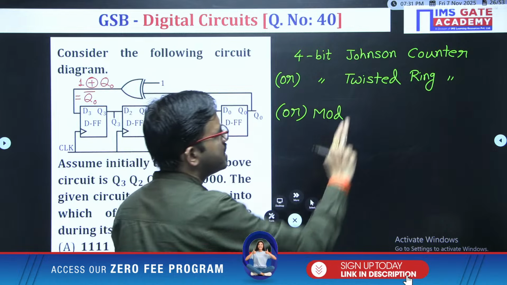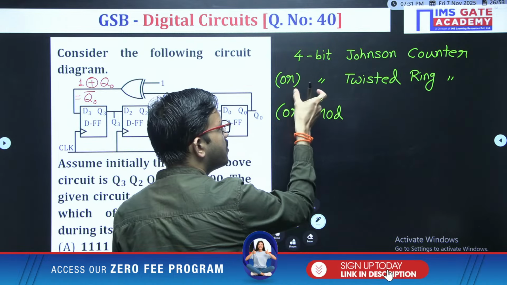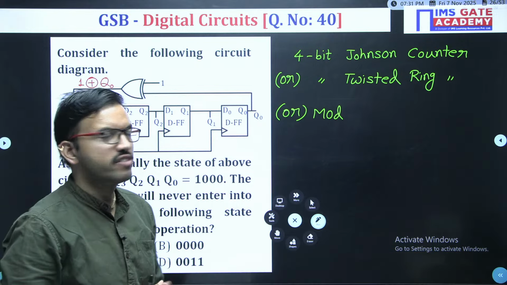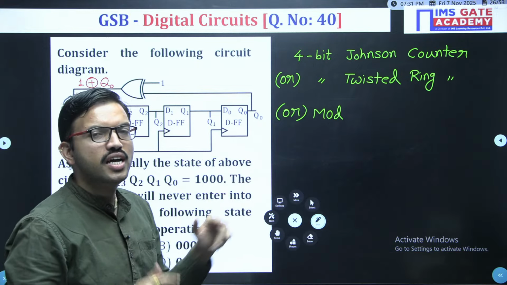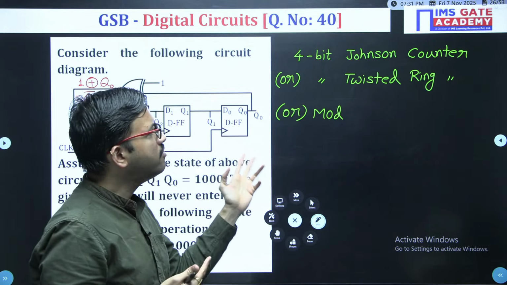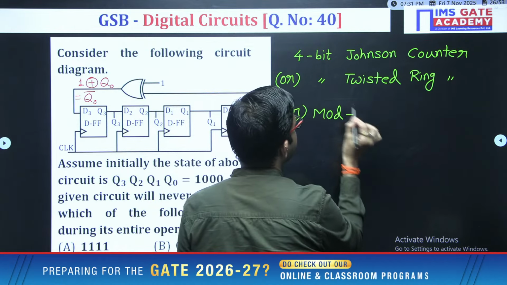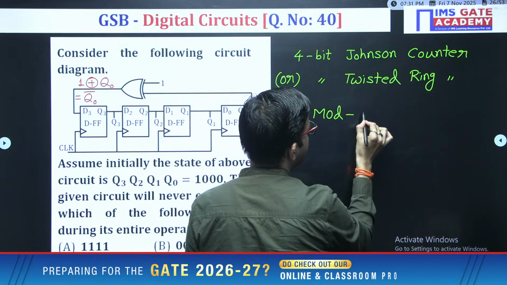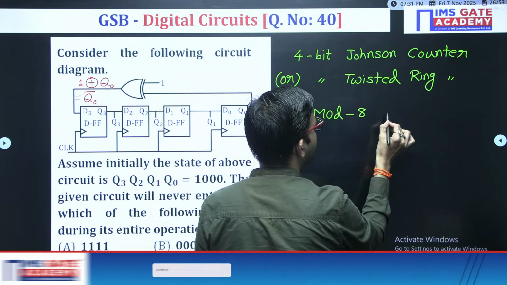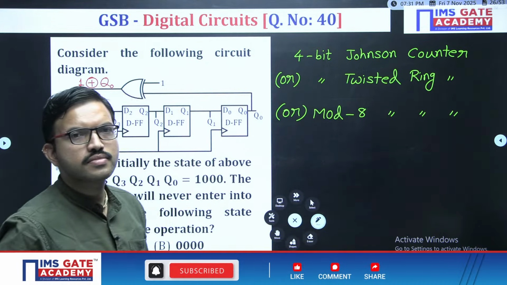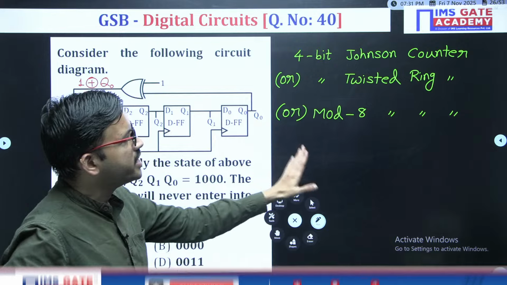For the ring counter, the number of states is exactly the same as the number of bits or flip-flops. Whereas for the Johnson counter or twisted ring counter, the number of states is double when compared to the ring counter. So here the mod value is 2 times 4, that means mod 8. Mod 8 twisted ring counter or Johnson counter, whatever. Yes, very good. Mod 8 counter.